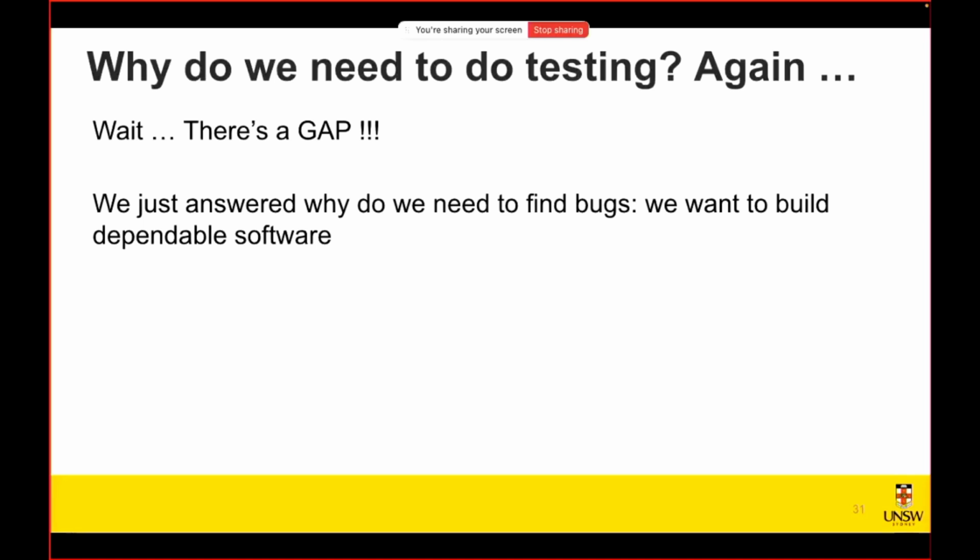But there is a gap for this question. The gap is that we just answered why we need to find bugs, and that's because we want to build dependable software. And testing is an approach for finding bugs, right? But what we didn't answer is that testing is not the only way of finding bugs. There are many other approaches for finding bugs.